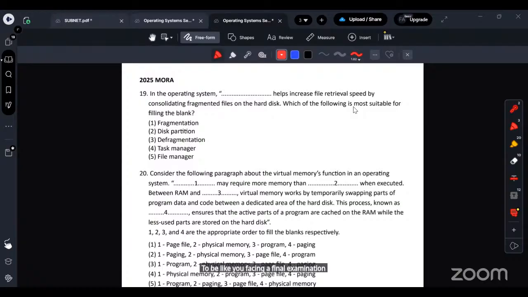In the operating system, Dash helps increase file retrieval speed by consolidating fragmented files on the hard disk. Which of the following is most suitable for filling the blank? It's an easy one.